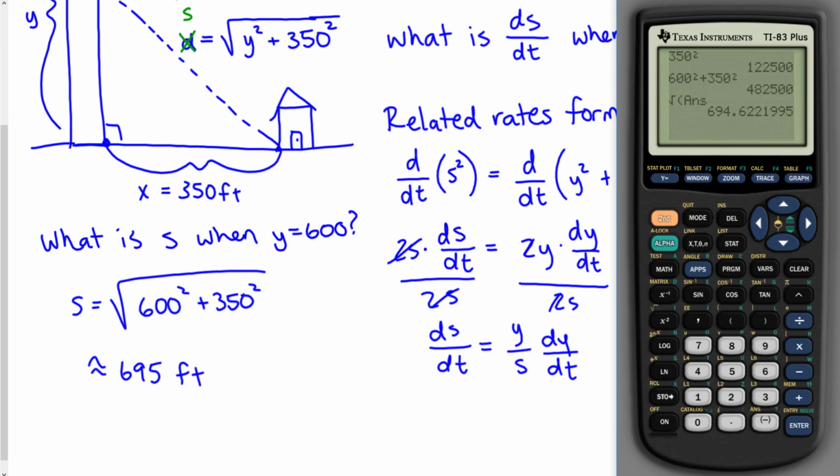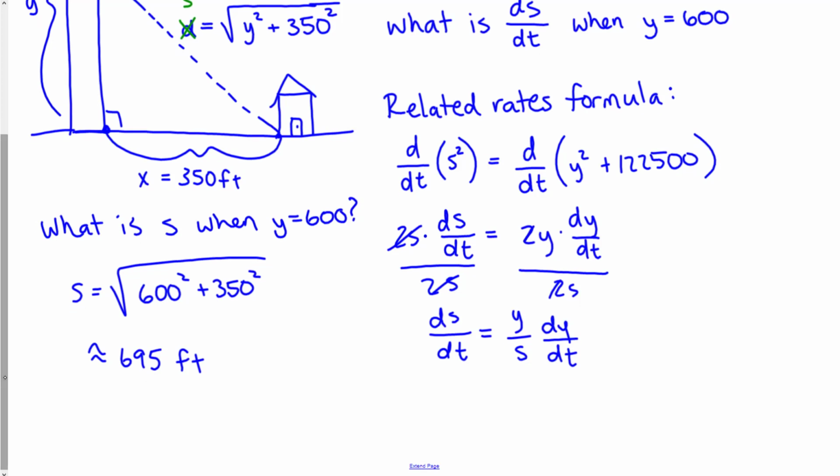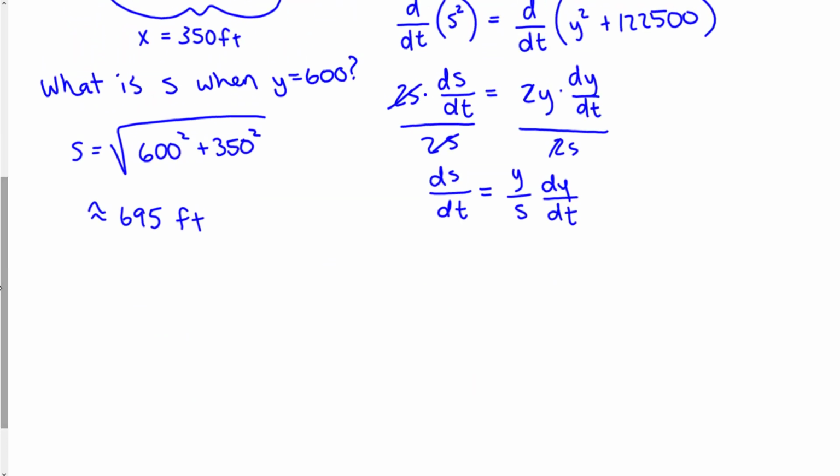Okay, so then the rate of change of the distance between Jack and his house is going to be ds dt, and I'll say that's approximately because we approximated with the 695. So it's approximately 600 over 695, and that's multiplied by 200.